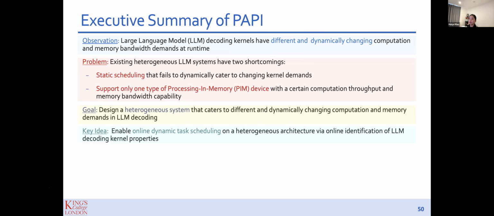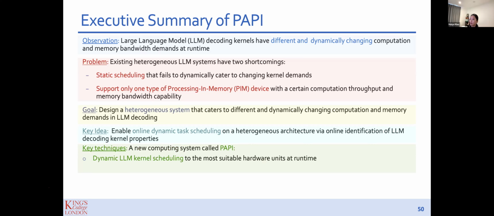So the key idea is to enable online dynamic task scheduling on the heterogeneous architecture via online identification of large language model decoding kernel properties. And the key technique is a new computing system called PUPY, where we dynamically schedule large language model kernels to the most suitable hardware units at runtime, with hybrid PIM units to meet the diverse kernel demands.